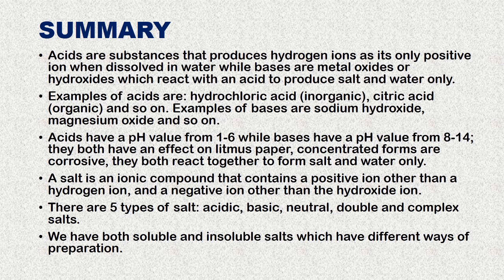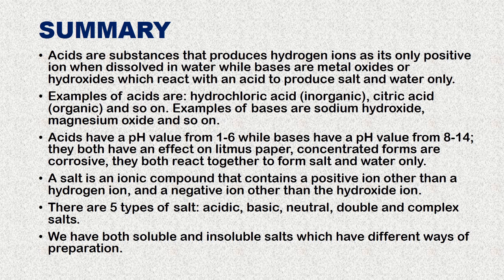Examples of bases are sodium hydroxide, magnesium oxide, and so on. Acids have a pH value from 1 to 6, while bases have a pH value from 8 to 14. They both have an effect on litmus paper. Their concentrated forms are corrosive, and they both react together to form salt and water only. And this process is called neutralization.